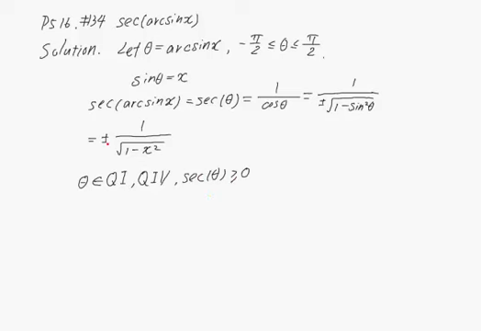Then we just take the positive sign here, so secant of arc sine x is equal to positive 1 over the square root of 1 minus x squared. In this way, we express the original expression as an algebraic expression of x.